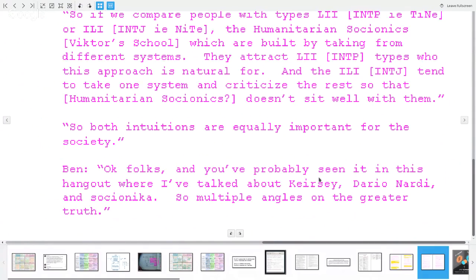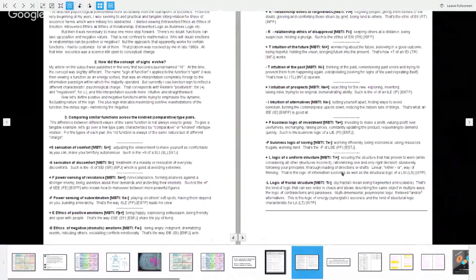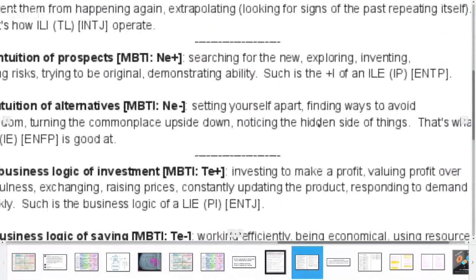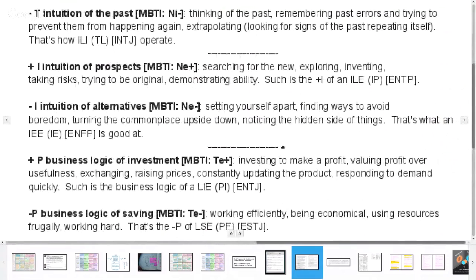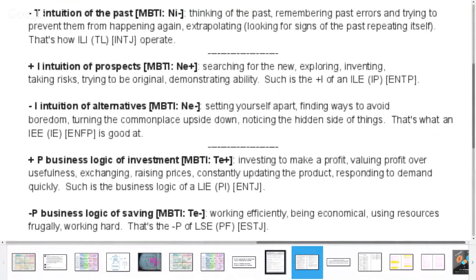Right. Is there something else on NE+? NE-. Here we go. NE- to TiNx. Intuition of alternatives. Setting yourself apart. Finding ways to avoid boredom. Turning the commonplace upside down.